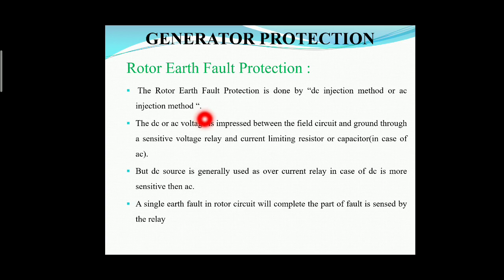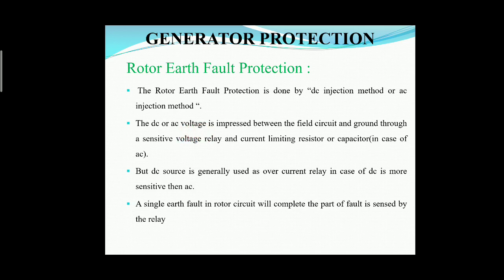A method of rotor earth fault protection is the high resistance method, by which we control the earth faults. In this method, a high resistance is connected across the field winding of the rotor.